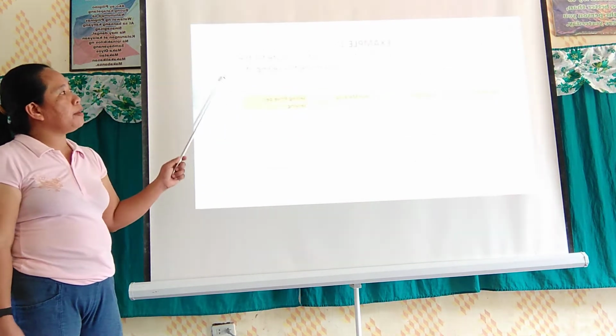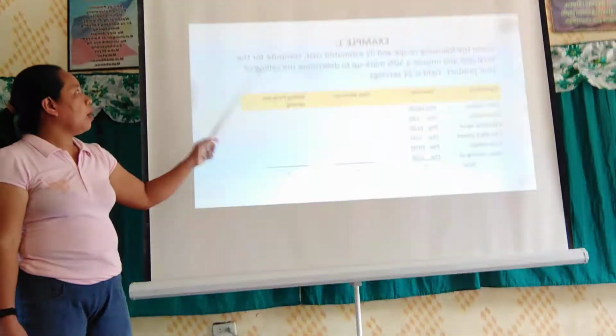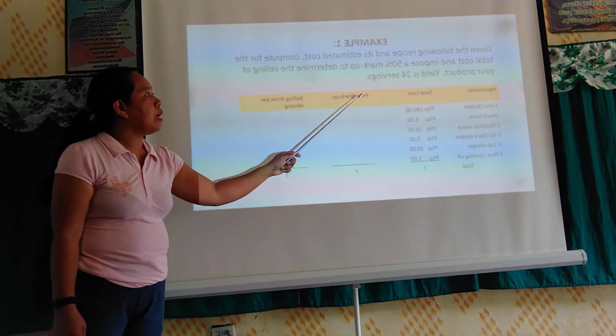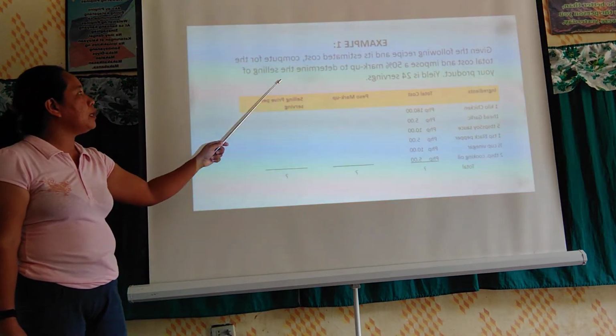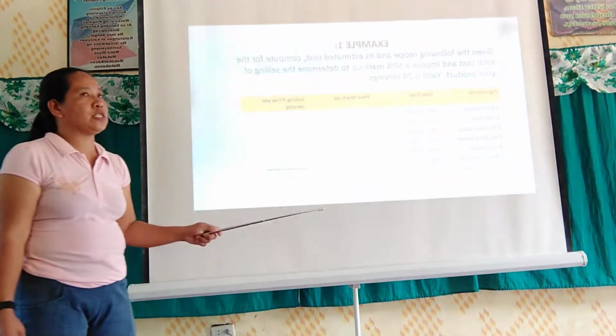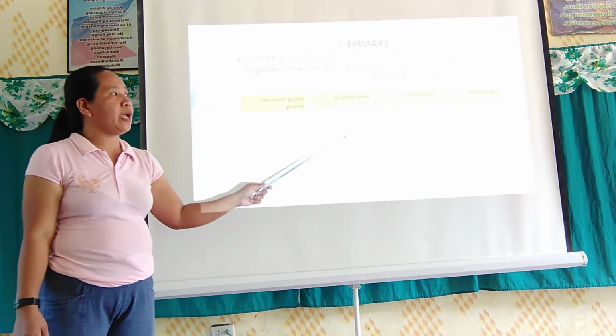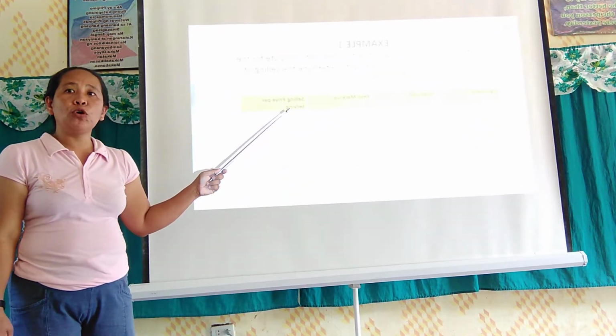The problem is, given the following recipe and its estimated cost, compute for the total cost and impose a 50% markup to determine the selling price of your product. Your yield is 24 servings. So out of those ingredients, what is the recipe to be cooked?